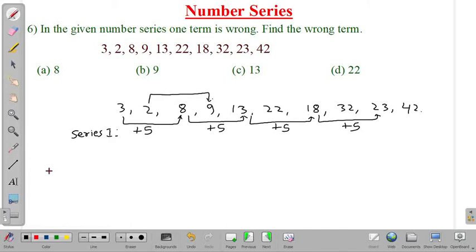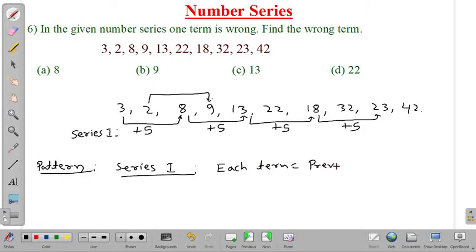So the pattern for series 1: each term is equal to the previous term plus 5.